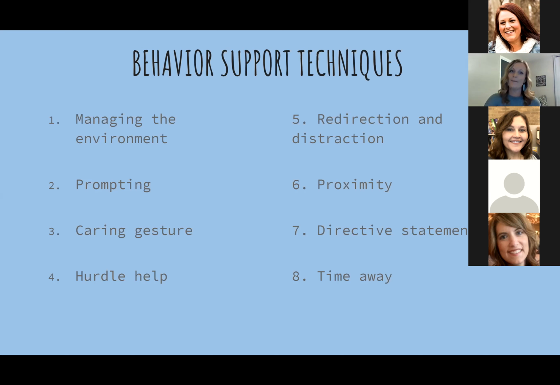Number 6, proximity. We've talked a little bit about this already previously, but many times just that mere fact of having a supportive adult close in vicinity will be calming for a student. So we might use this when we notice that students are struggling to stay on task, or perhaps we hear a little something going where students are struggling to get along.